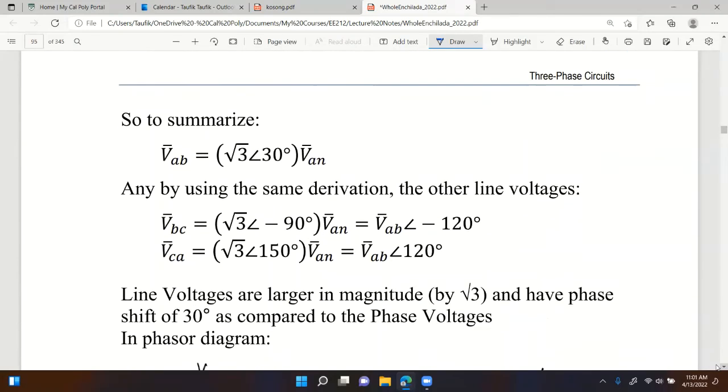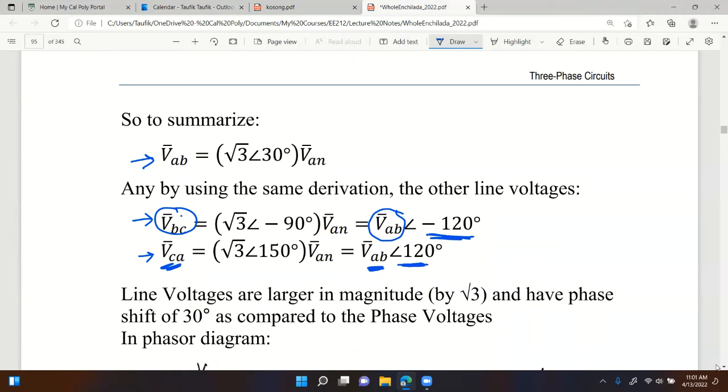And you can do the same thing for VBC and VCA. VAB in terms of VAN, VBC in terms of VAB, because it is positive sequence. You can see that VBC should be behind VAB by 120 degrees. VCA should be the same as VAB, but ahead by 120 degrees.